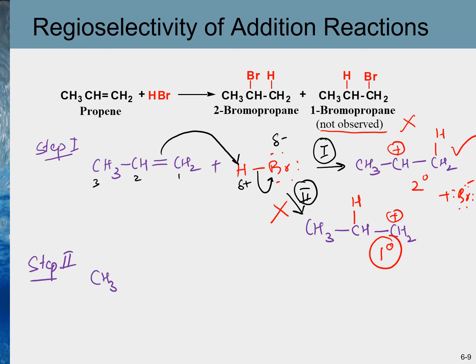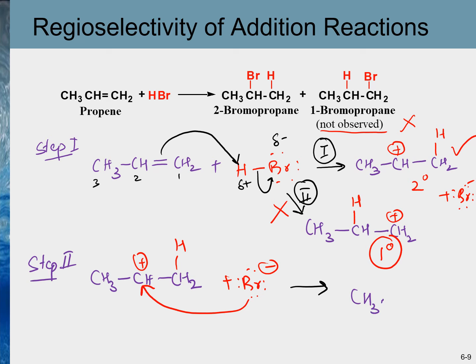So in step number 2, the already formed carbocation acts as an electrophile, and the bromide acts as a nucleophile. And the end product is 2-bromopropane.